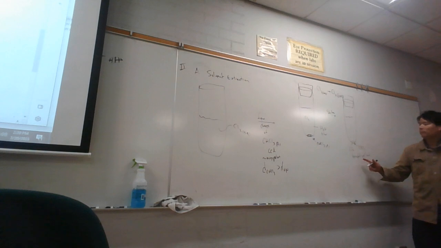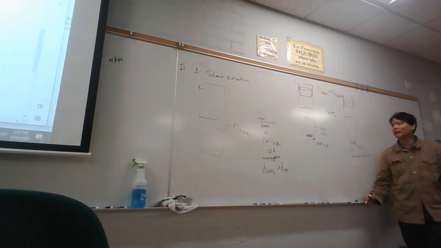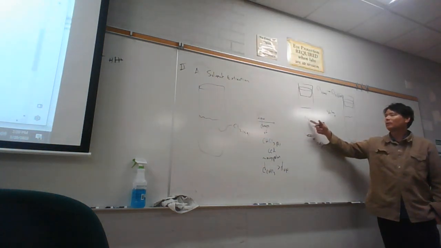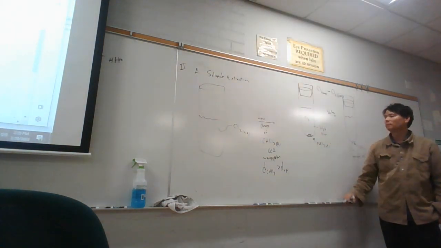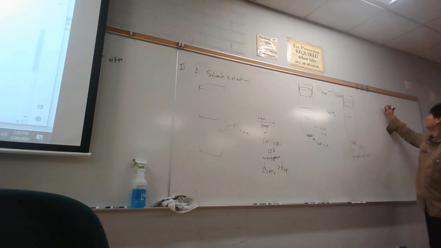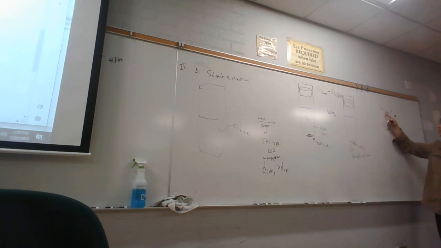So we're going to do this the same with bromine. If we take bromine water, which is kind of a rust color, red-orange color, and we concentrate that into a chloroform layer, this should come out bright orange.